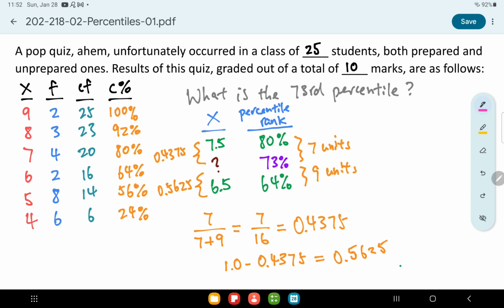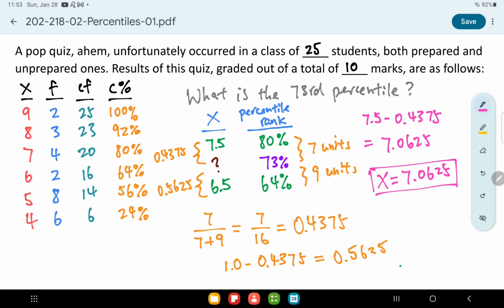You can figure out the answer from either direction, from 7.5 or from 6.5. Let's just use 7.5. Here is the math. 7.5 subtract 0.4375, which gives us 7.0625. Therefore, the answer we would indicate as x equals 7.0625. This is the x-score that corresponds to the 73rd percentile.